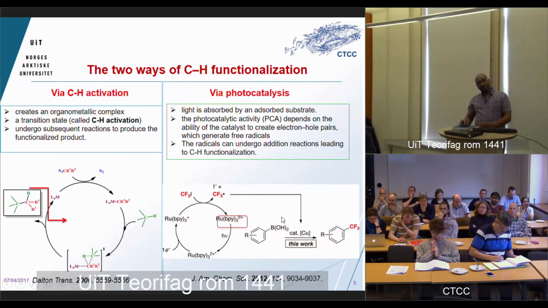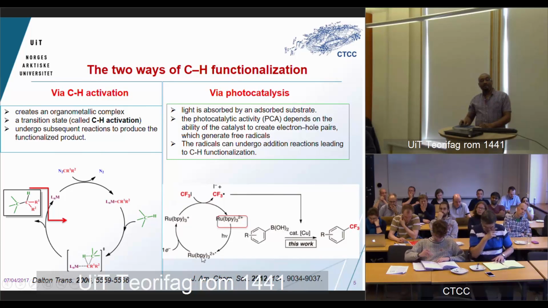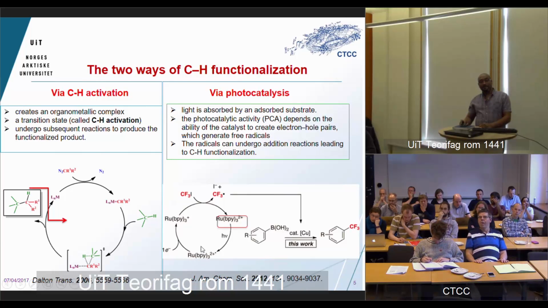For example, in this chemical reaction, we have a ruthenium-2 complex, and this ruthenium complex absorbs light and gets excited. This excited ruthenium complex can accept an electron from an electron donor like this one, and it is reduced to ruthenium-1.